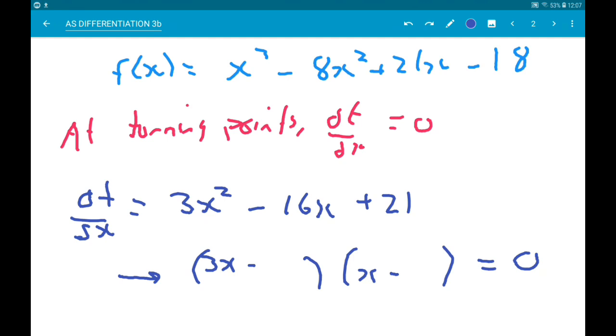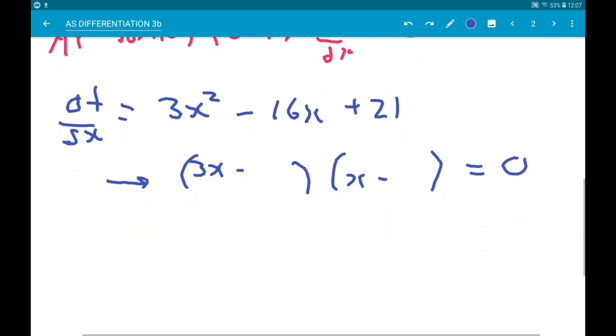So numbers that multiply together to give us 21 only really gives us 3 and 7. So if we put a minus 3 in there, that multiplies 3x to give us minus 9x, and then a negative 7 in there takes us down to minus 16x. So now then, our two x values are 7 over 3 and 3.